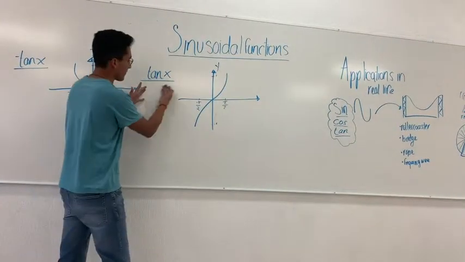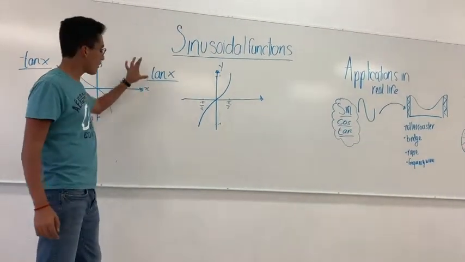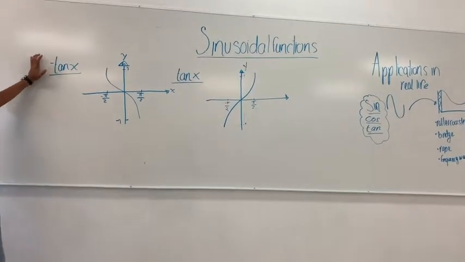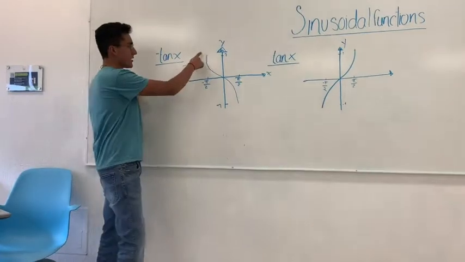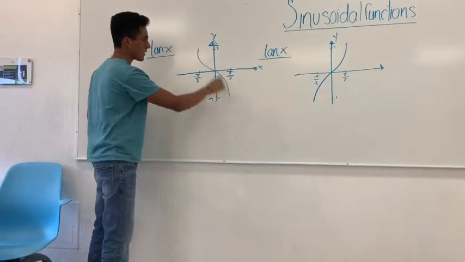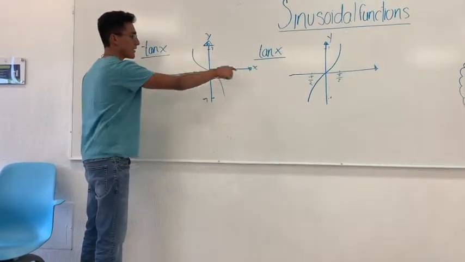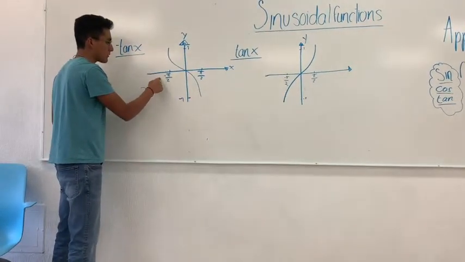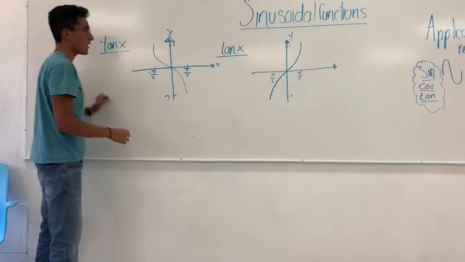This is the positive function. Then here we have the negative function, in which we can see how it moves differently from that one. And we have the same period from minus pi over 2 to pi over 2.